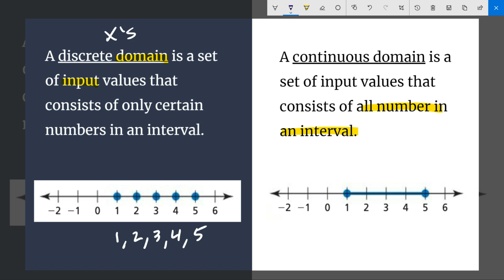So I mean any number, like 3.457, any real number between 1 to 5 is in this interval. So since we continuously start at 1 and end at 5, this is a continuous domain. Versus the idea of discrete, which is just some points, some numbers within the interval.